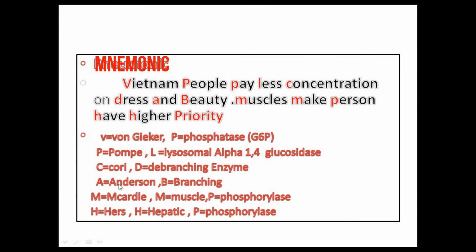Next, from concentration, C is Cori, and from dress it is the debranching enzyme, and from A it's Andersen, and from B it's the branching enzyme.